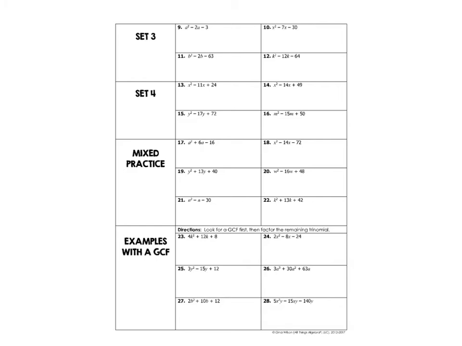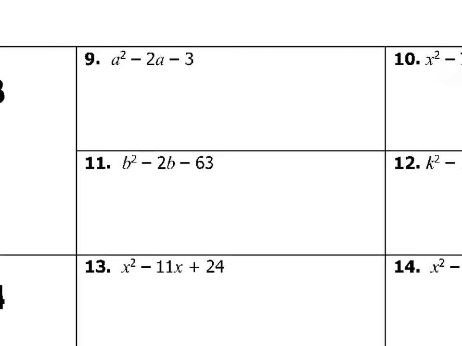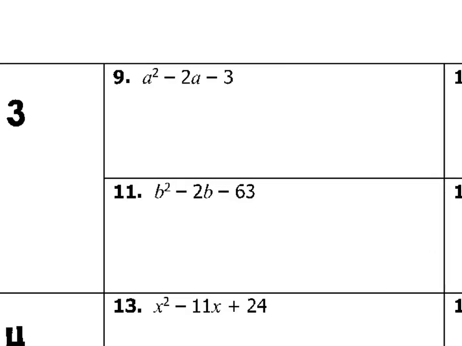Let's flip this over. Let's look at when we've got two minuses here. So we got A is 1. You do it the same way, you just have to watch your signs. B is negative 2 and C is negative 3.